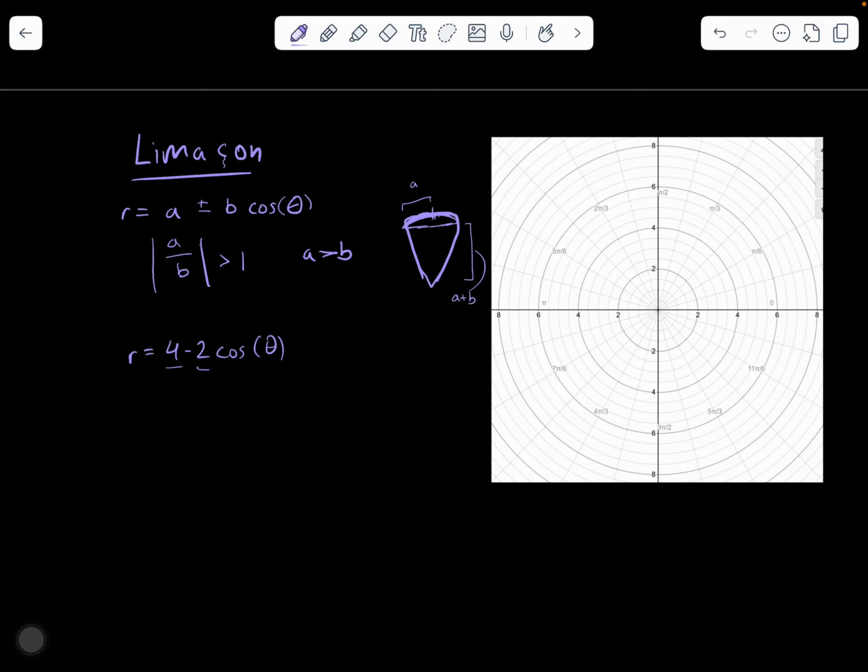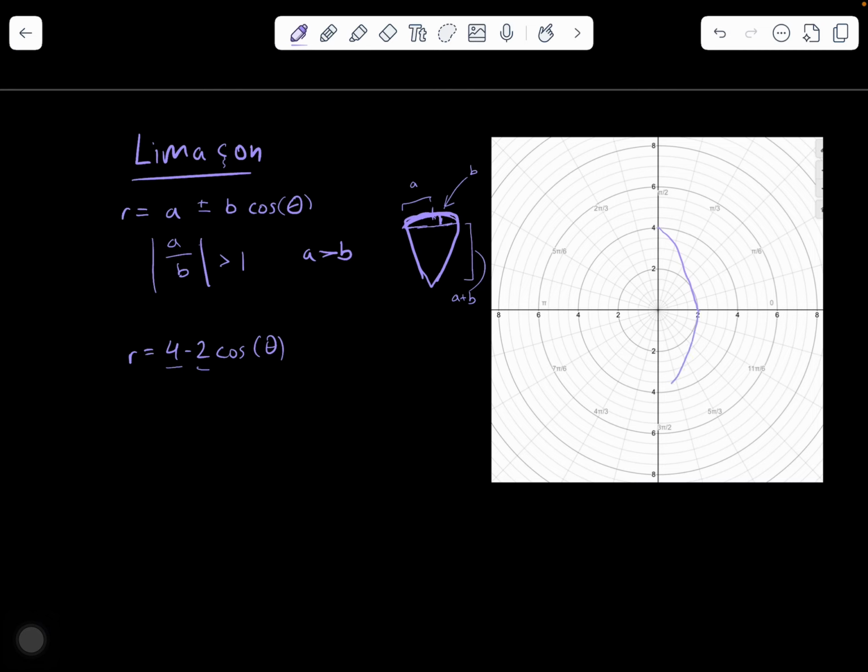So let's graph this. It's going to be cosine, so it's pointing out. But this time, since our B value is negative, it's going to be pointing to the left. So we'll start at the origin again and make our 2 tips of A length, which is going to be 4. And we'll make sure that they extend outwards, meaning this length of a length of B. So it'll be 4 tall and extend out 2.